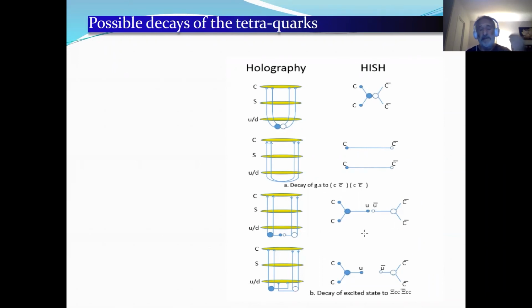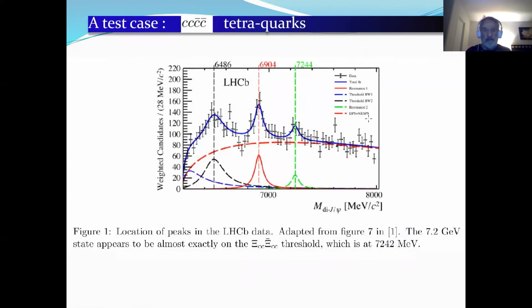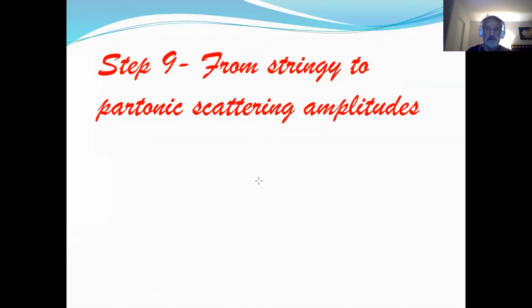But if the mass is below the threshold to decay to baryon antibaryon, and it can decay to meson plus meson, then this decay is done by annihilation of the baryonic vertex and anti-baryonic vertex, and you form these CC bar pairs. We had a prediction about a CC C bar system, which were observed. So these two peaks were observed, and this one can decay to Xi_cc and Xi_cc bar, and this one cannot, and it fits this similar structure. Okay.